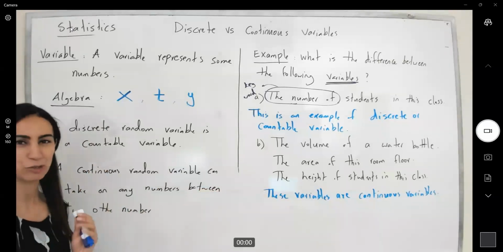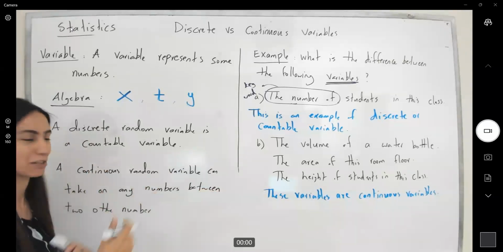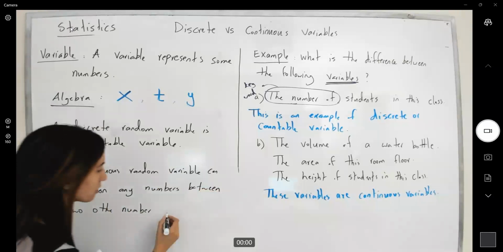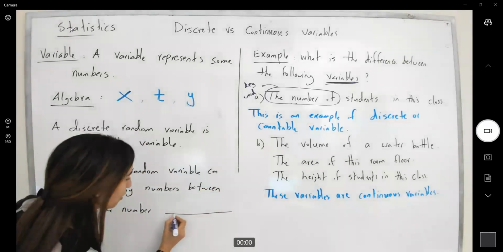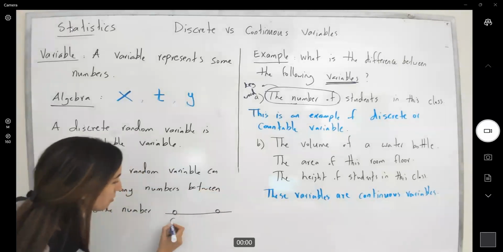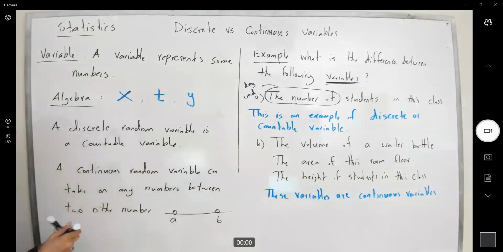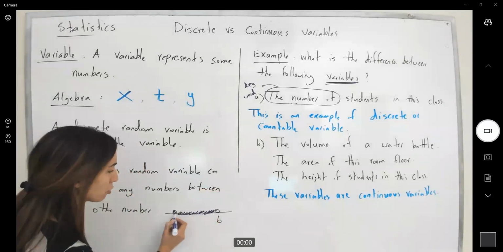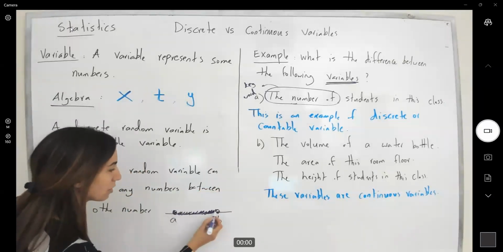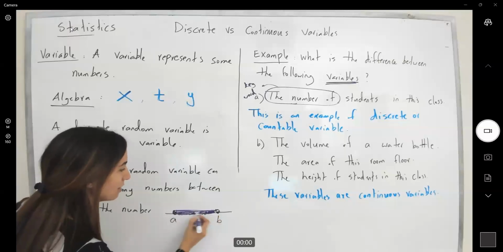Or in algebra, we say that we have an interval. If you want to represent this, you're going to write it as an interval: the first number, the second number, and all numbers in between. Of course, you can include the middle numbers as well.